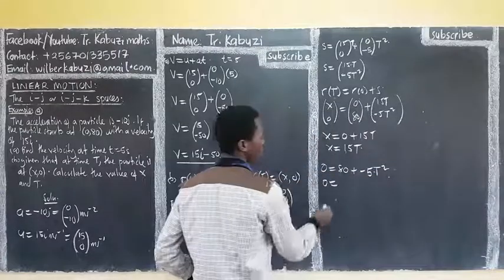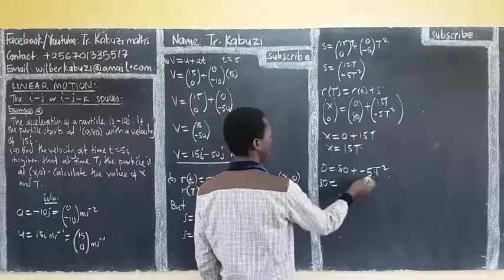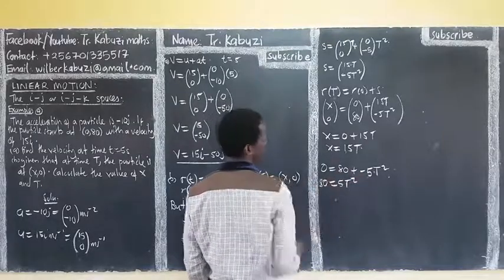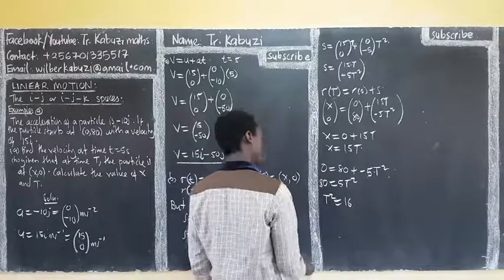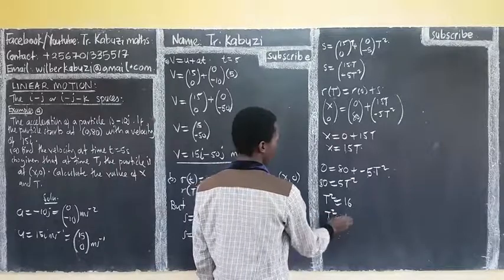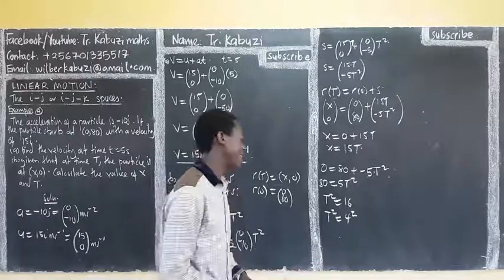So when I take the 80 to this side, then this one remains positive. So my T squared is going to be 16, taking the square root. Okay, T is going to be 4. Because this is time, I don't expect any negative.